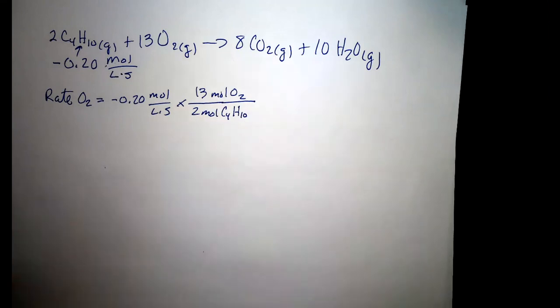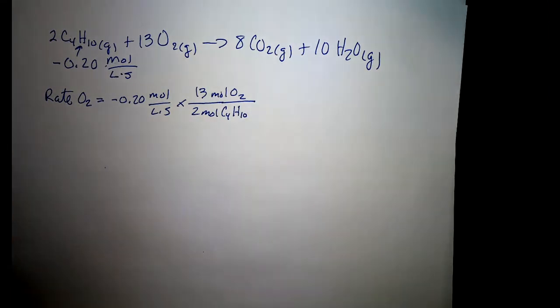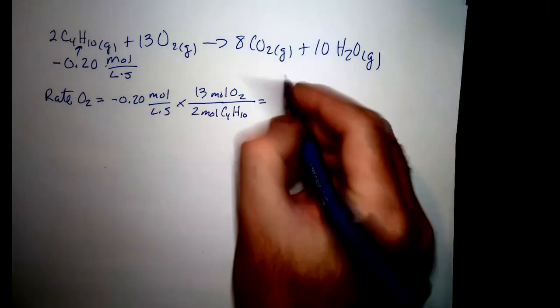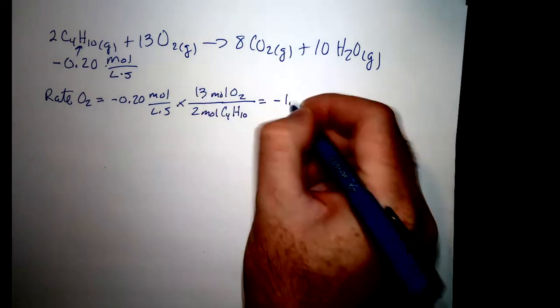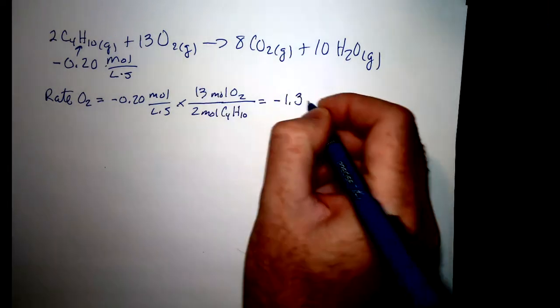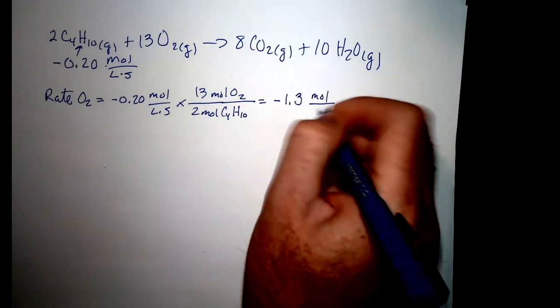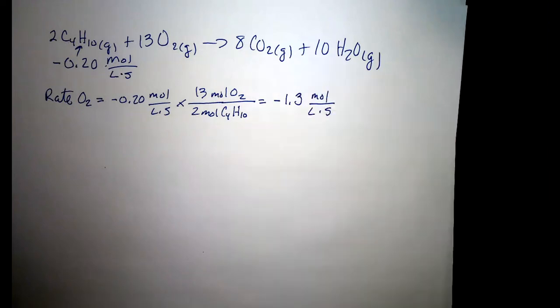And so to get the rate of the disappearance of the O2, it's a matter of stoichiometry. It'll also be negative because it's a reactant, and so it'll be negative 1.3 moles of oxygen per liter per second. And so that's one of our answers.